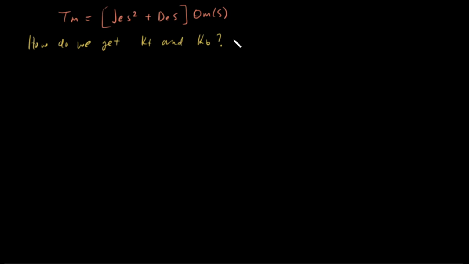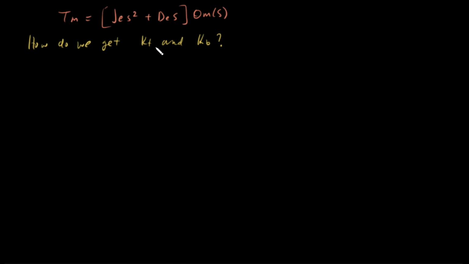You can look these up for a motor and pull them off the data sheet. The units may be in different terms, or KB may be 1 over KB, which is the velocity constant. Here we're using a back EMF constant, but you can typically get these from motor data sheets.